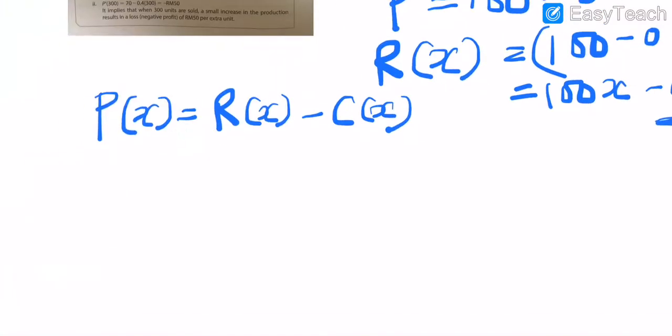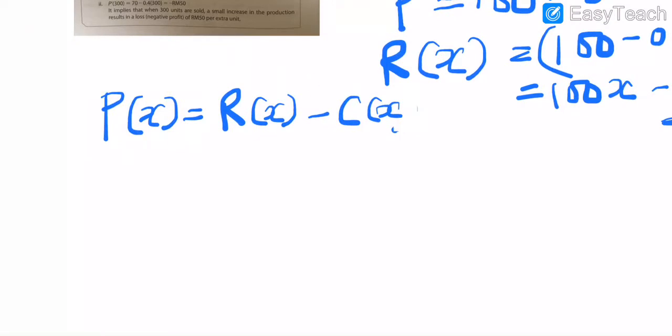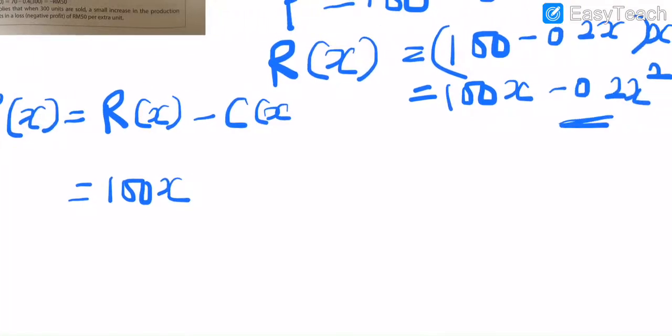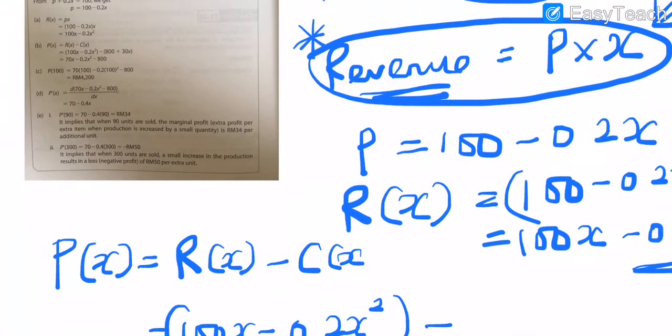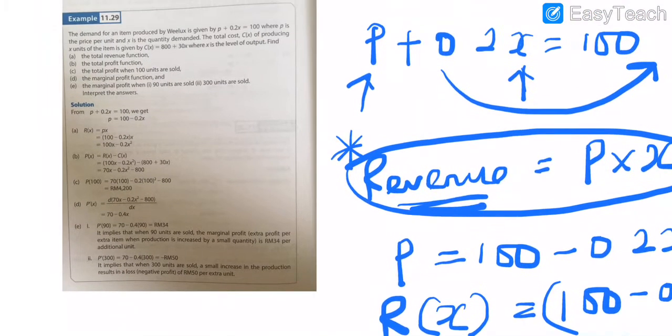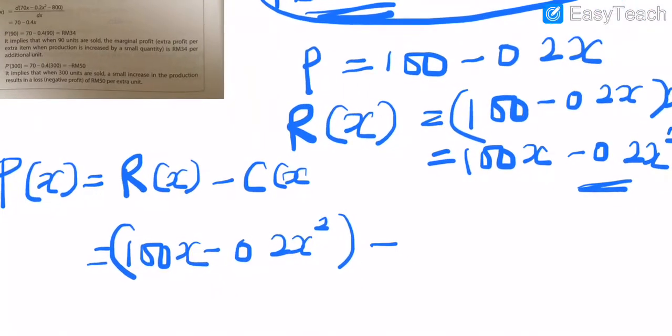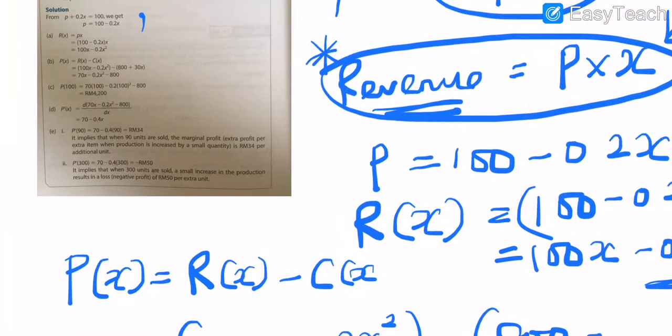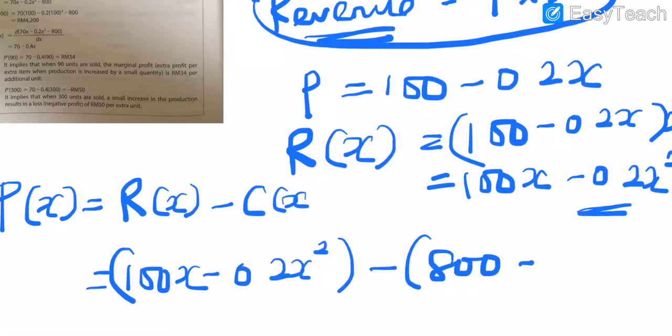The revenue function is 100x minus 0.2x power of 2, minus the cost function, which is given here as 800 plus 30x.